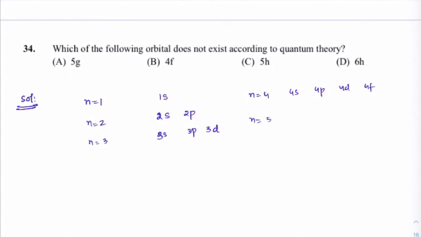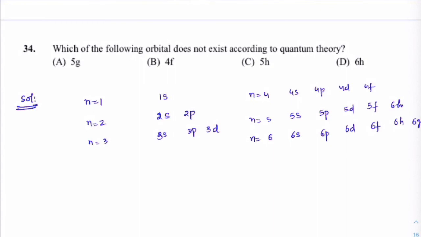N is equal to 5, we have 5s, 5p, 5d, and 5f, correct, and 6h. And n is equal to 6, we have 6s, 6p, 6d, 6f, 6h, and 6g.